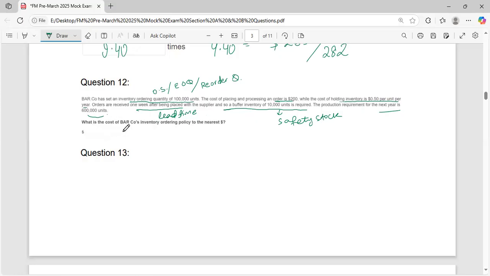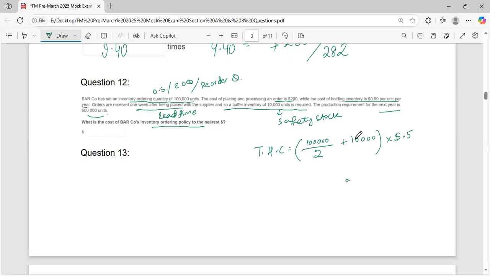What is the cost of Bar company's inventory ordering policy? So the inventory ordering policy has two costs. First one is total holding cost, which is equal to order size divided by 2 plus buffer inventory. This divided by 2 is not applicable on the buffer inventory, multiplied by 0.5 holding cost per unit per annum.